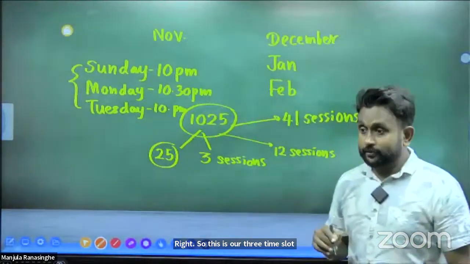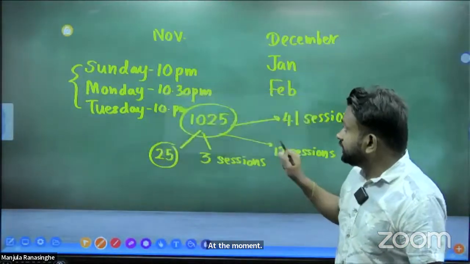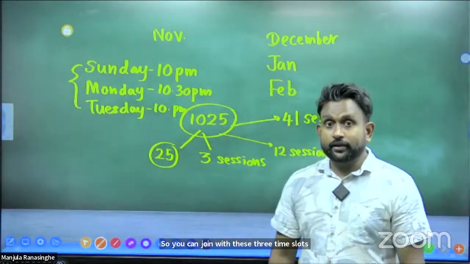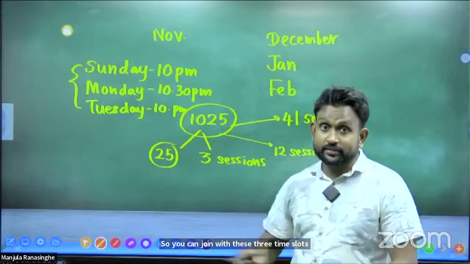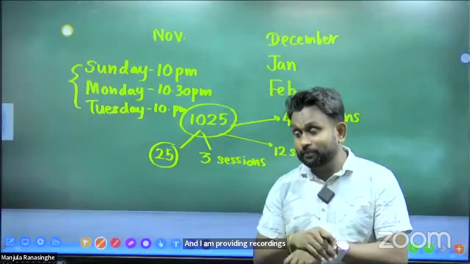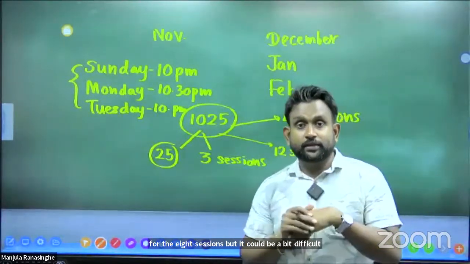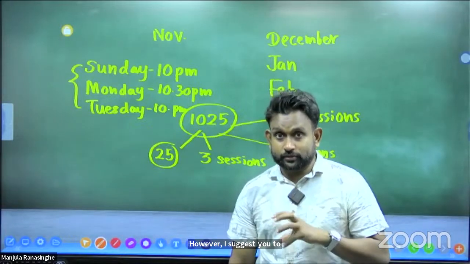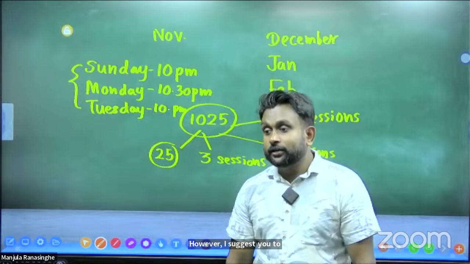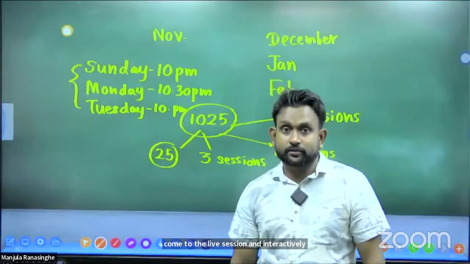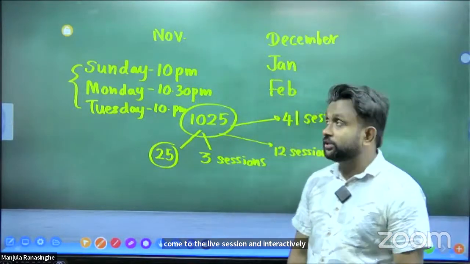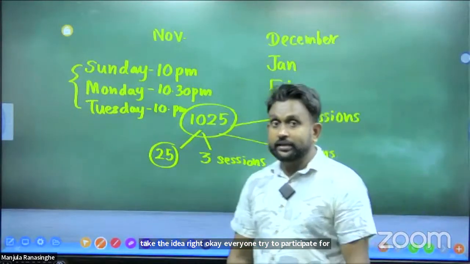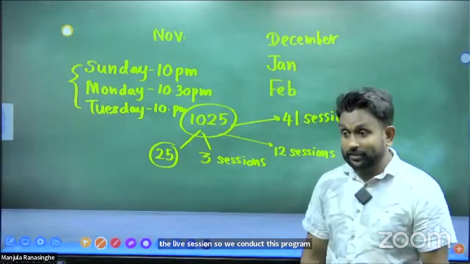So you can join with these three time slots, and I am providing recordings for each session, but it could be a bit difficult. However, I suggest you come to the live session and take the ideas interactively. Right. Okay, everyone try to participate in the live session. So we conduct this program until the end of February, beginning of March.